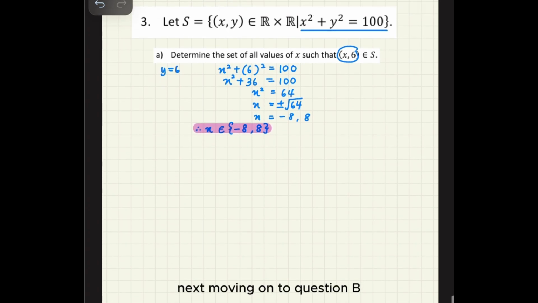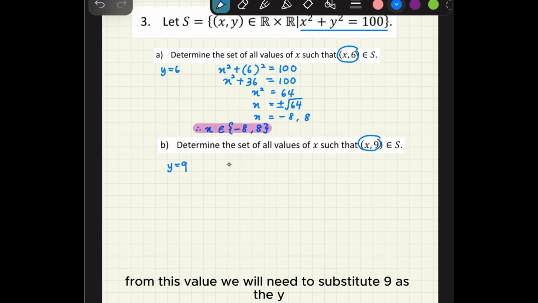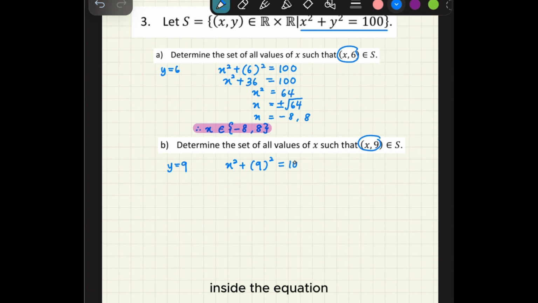Next, moving on to question B. Part B is quite the same as part A. From this pair, we can denote y as 9. From this value, we need to substitute 9 as the y inside the equation. So we will get x squared plus 81 equals 100. x squared will equal 19.